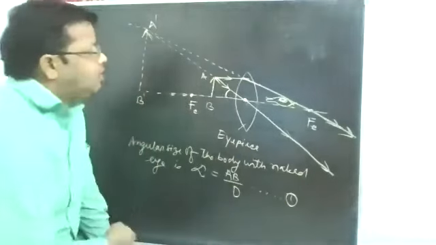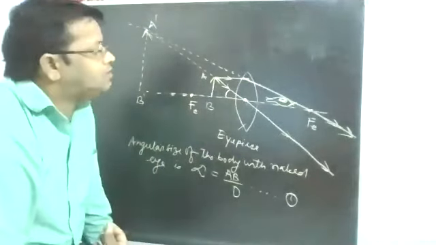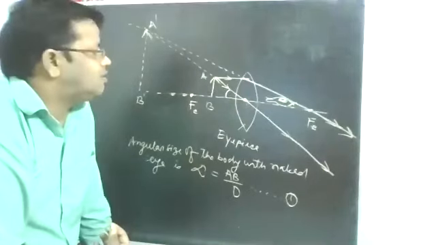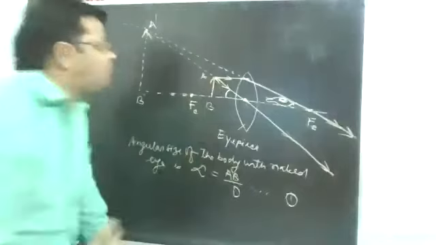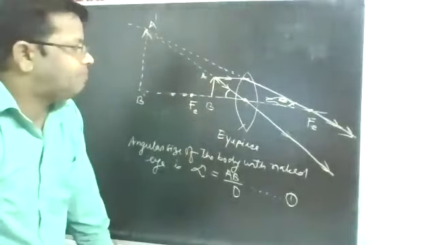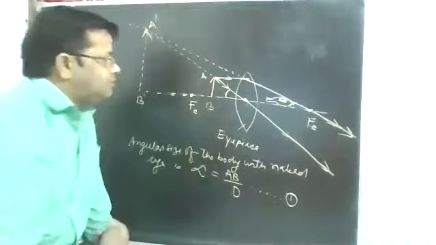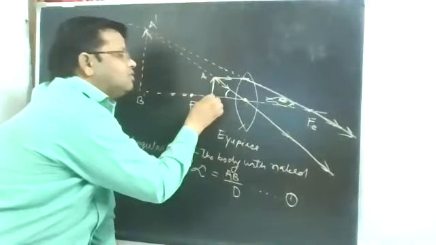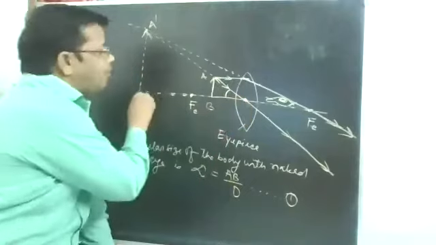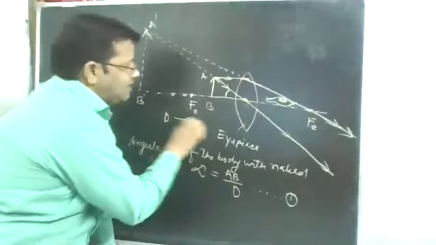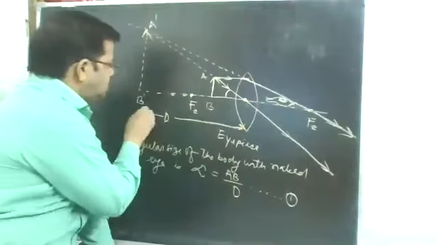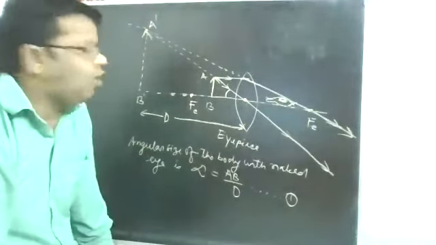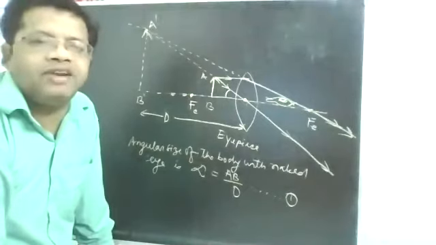And now here, see, there may be two cases. If you place the object at the focus point, then what will happen? See here, this is the first case. When we are placing the object within the focus and we are observing the image at D, this is known as fine adjustment.